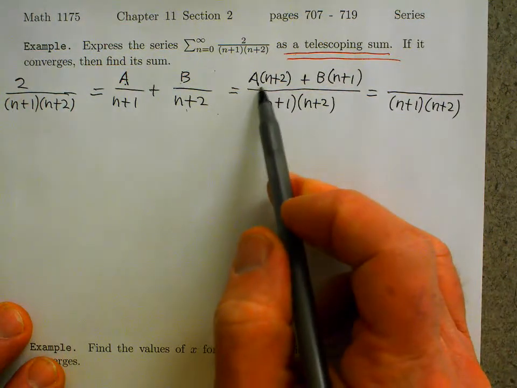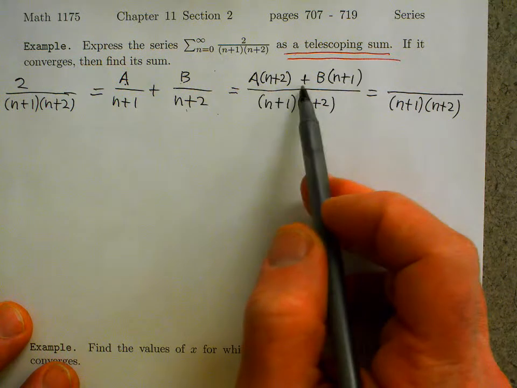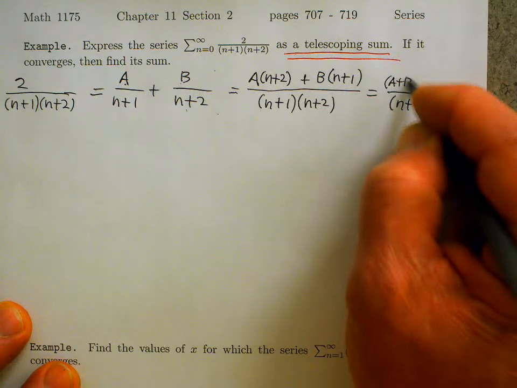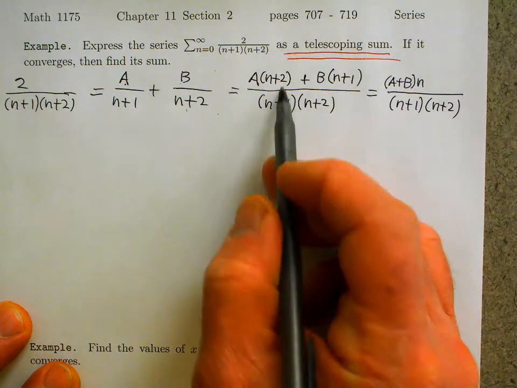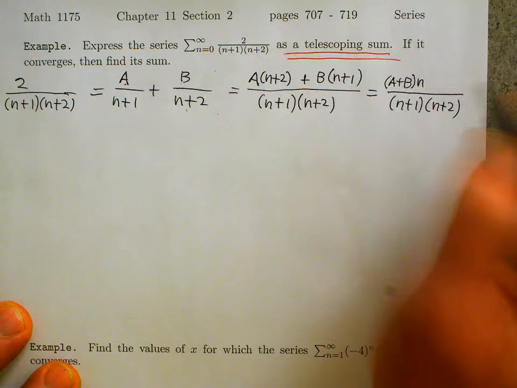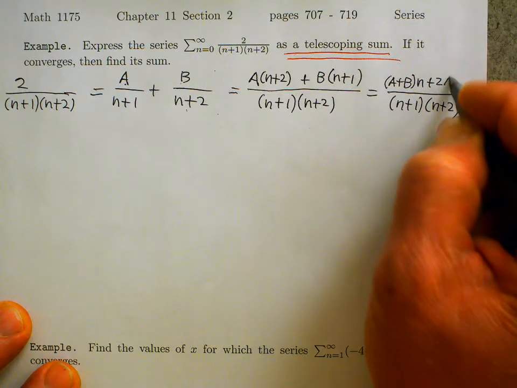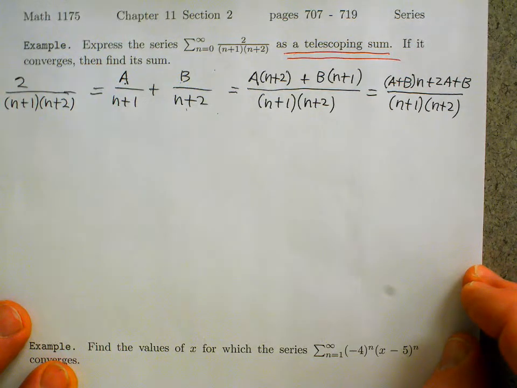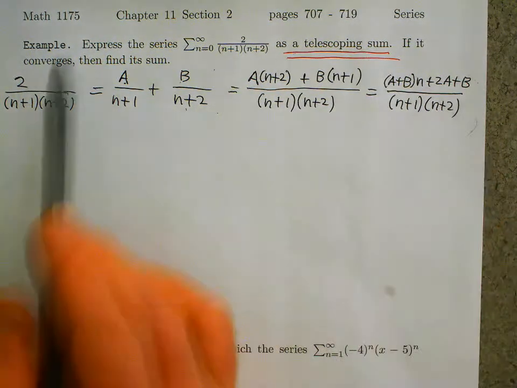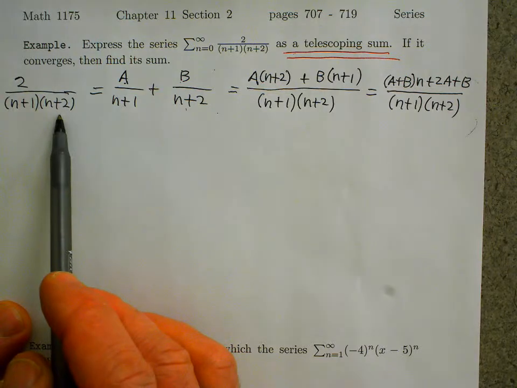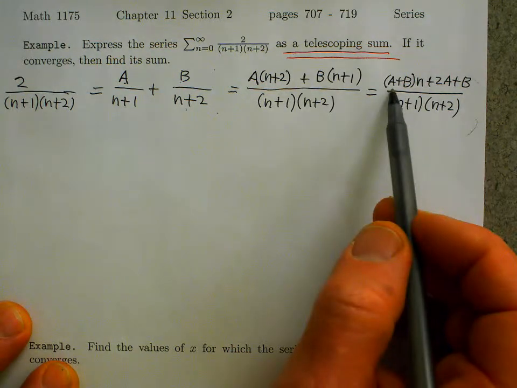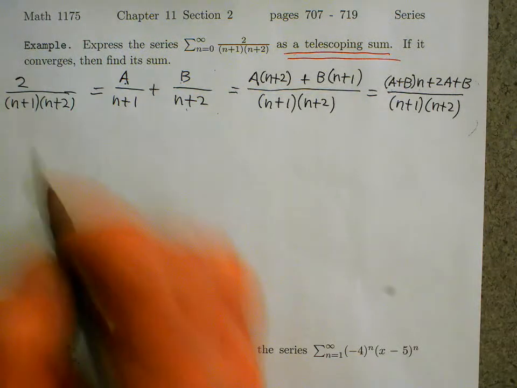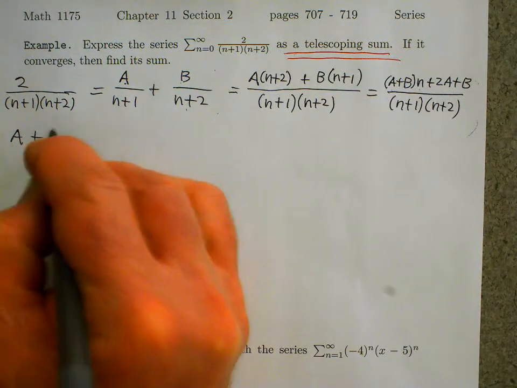Okay, so we're going to get (a plus b) times n, and then 2a plus b. So what has to be true if this is equal to 2 over (n plus 1)(n plus 2)? A plus b is the coefficient of n, but this doesn't have n, so a plus b must be 0.